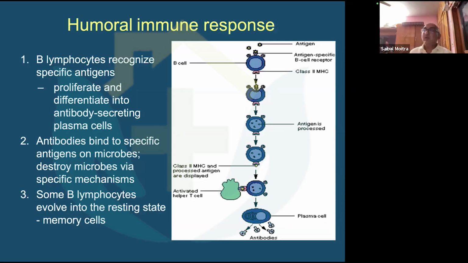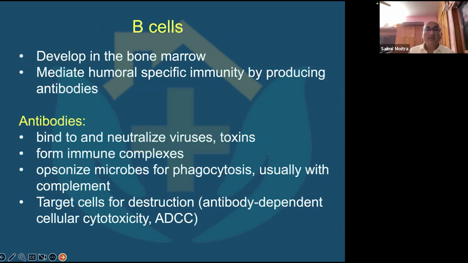So now these antibodies which are formed may perform a few major functions. What are the functions of the antibodies? First is neutralization. What is neutralization? It can bind and neutralize any foreign antigen or organism, which is mediated by IgM and by IgG.